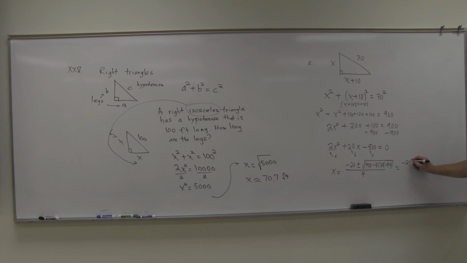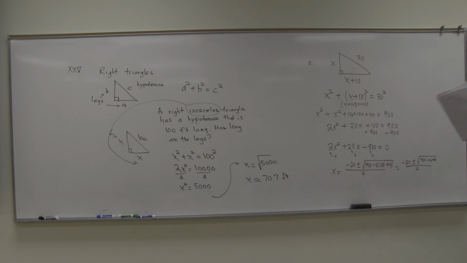So you get negative 20 plus or minus the square root of 400 plus 6,400, over 4.